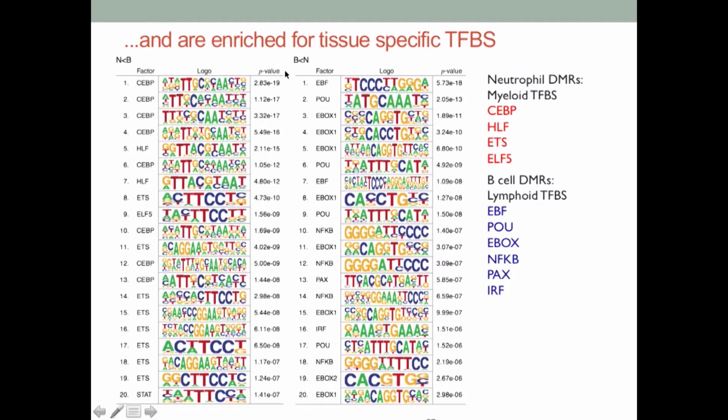So here you're looking at regions that are myeloid specific, so neutrophils are less methylated than B cells, or in this case, B cell specific, where B cells are less methylated than neutrophils. And in each case, you see very cell type specific transcription factor motifs enriched in the neutrophil specific case and the B cell specific case, that supports, yes?